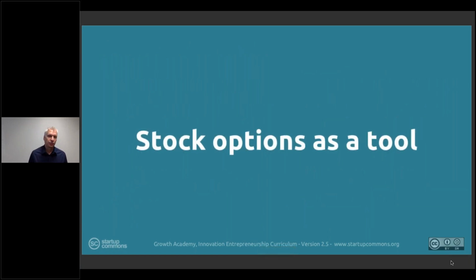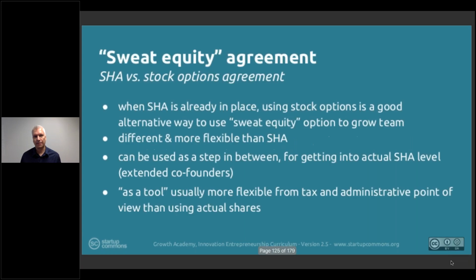In the context of motivating the organization, stock options as a tool. In the beginning, it's of course a tool as a sweat equity to really get people to join the organization, even when you don't have money to pay, you can't pay salaries.